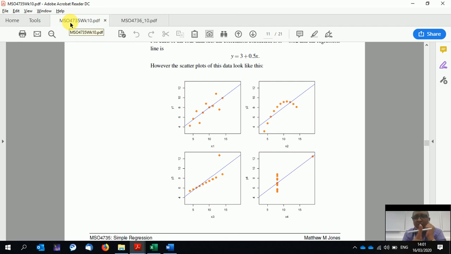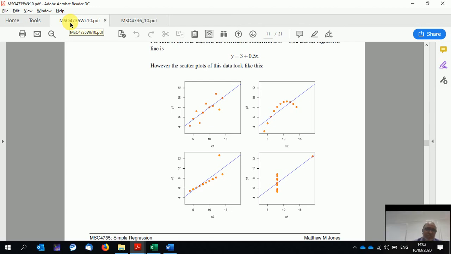If we have the dots and the dots lie exactly on the straight line, or the line lies exactly on the dots rather, it means that the correlation is perfect. We have the perfect relationship between two variables.